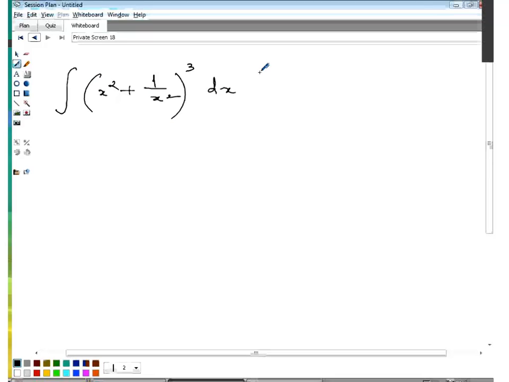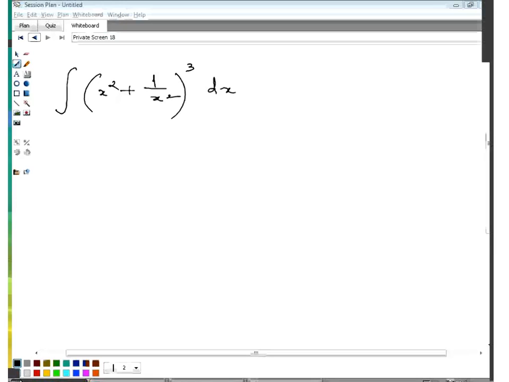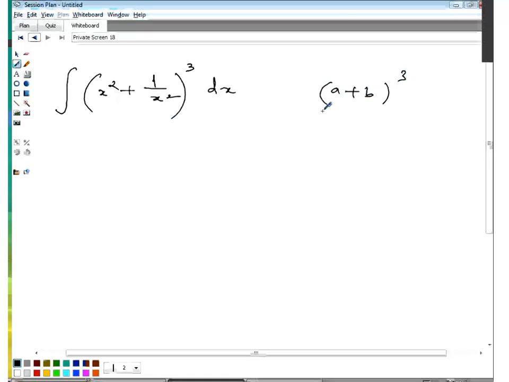Try this. The approach would be to expand the whole thing using the (a plus b) whole cube formula.